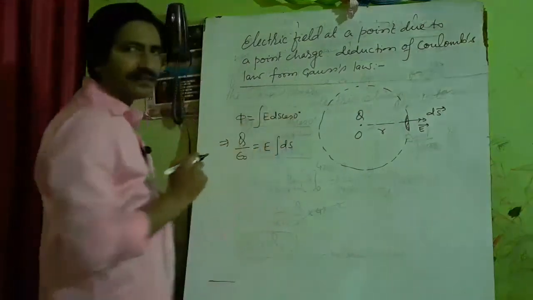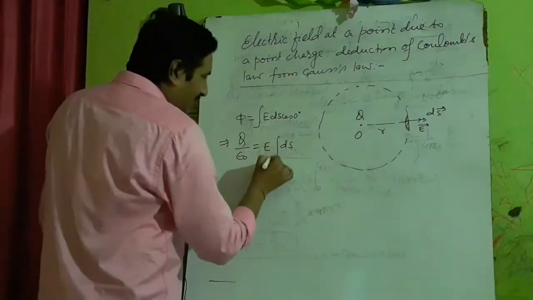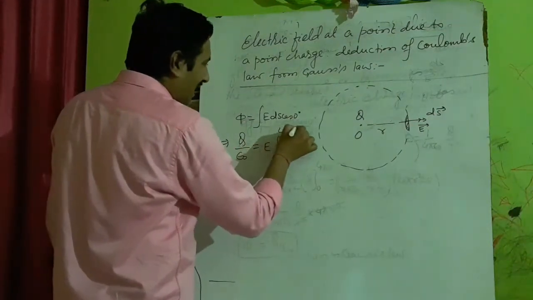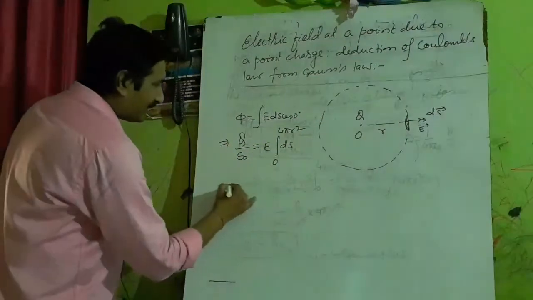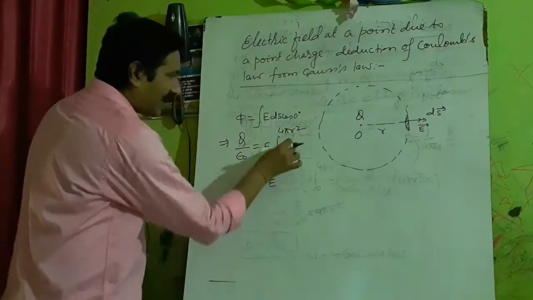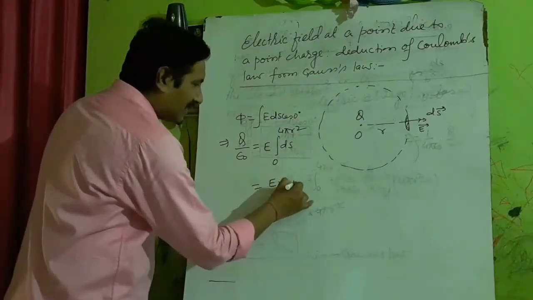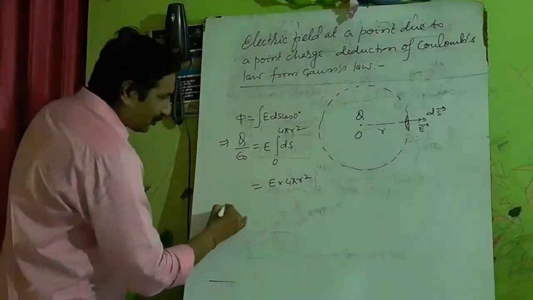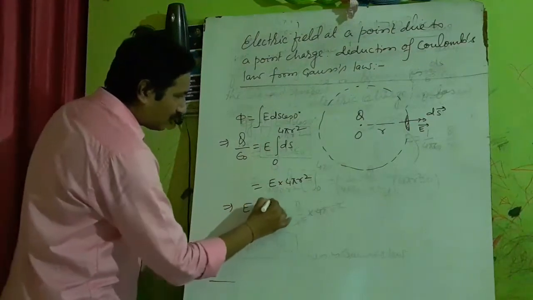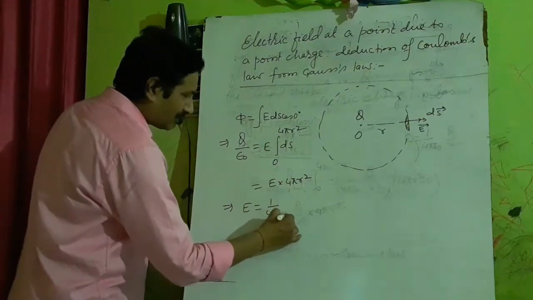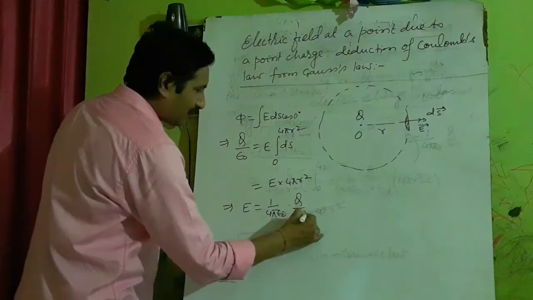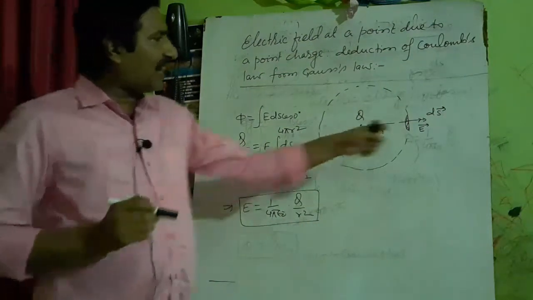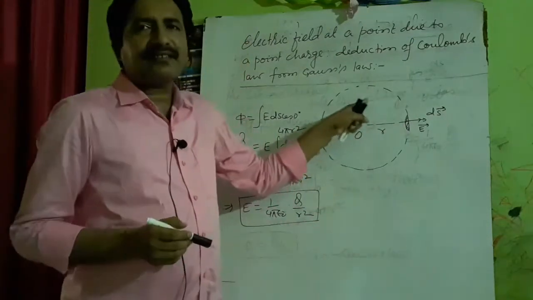Again cos 0 degree is 1 and ds will be integrated with lower limit 0 and upper limit 4 pi r squared. From here you can write E, value of ds will be 4 pi r squared. You already understand, it was discussed in the previous section. So from here you can find E is equal to 1 by 4 pi epsilon naught q by r squared. So this is the expression for electric field at a point due to a point charge q.